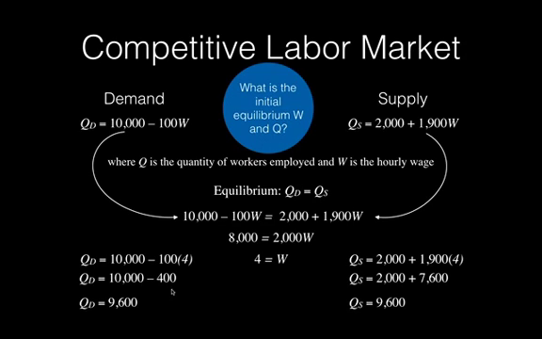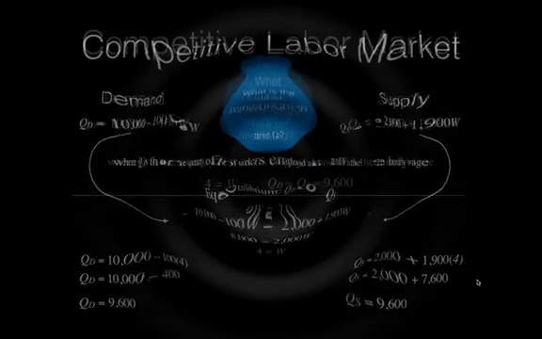So you can see QD and QS are equal to one another at 9,600, so we could be fairly certain that we calculated W correctly. The equilibrium wage rate is 4, and the equilibrium quantity is equal to 9,600.